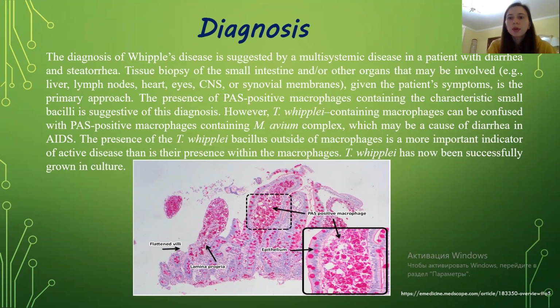However, T. whipplei-containing macrophages can be confused with PAS-positive macrophages containing Mycobacterium avium complex, which may be a cause of diarrhea in AIDS. The presence of the T. whipplei bacillus outside of macrophages is a more important indicator of active disease than its presence within the macrophages. Few have been successfully grown in culture.